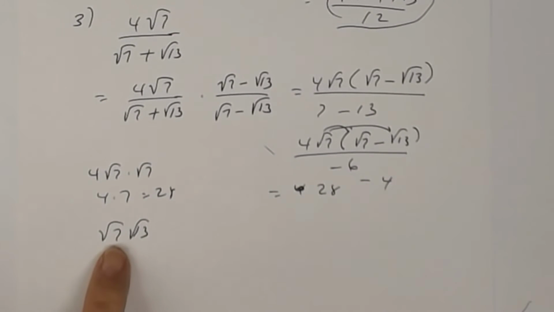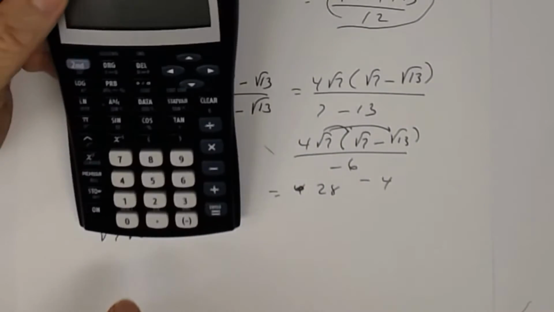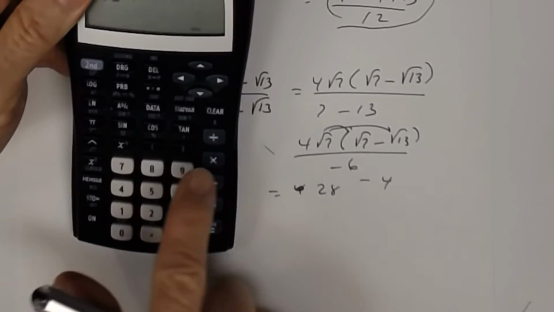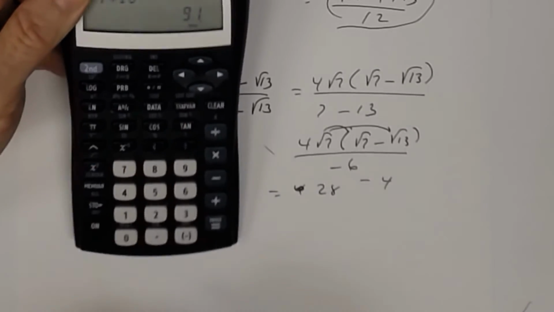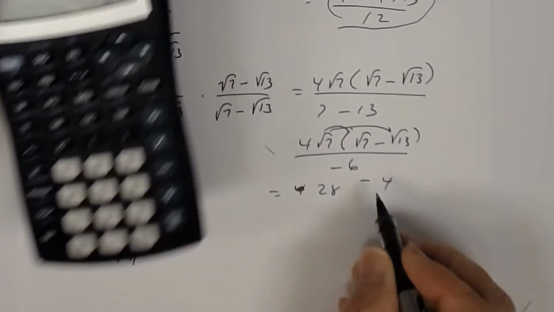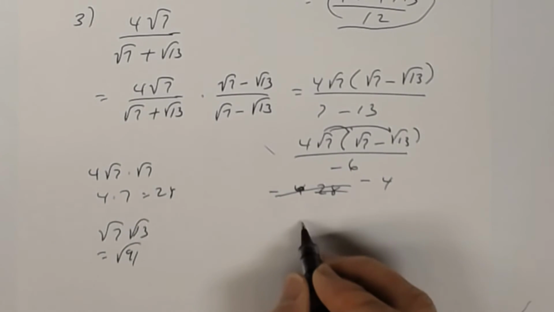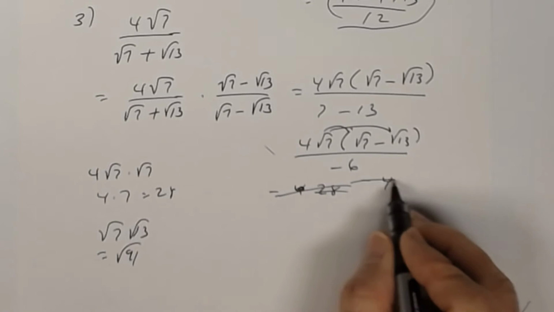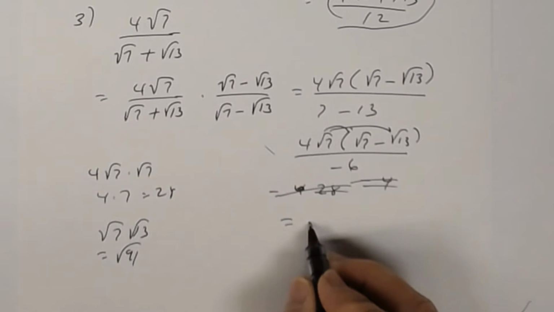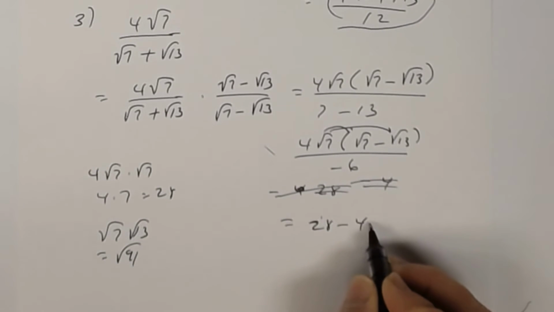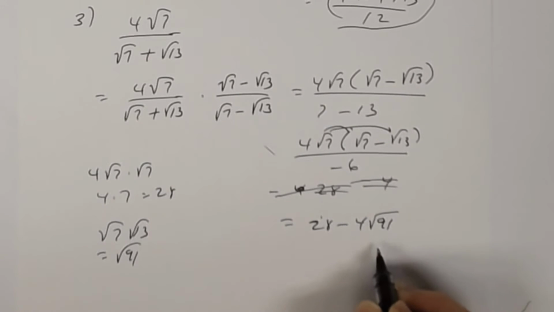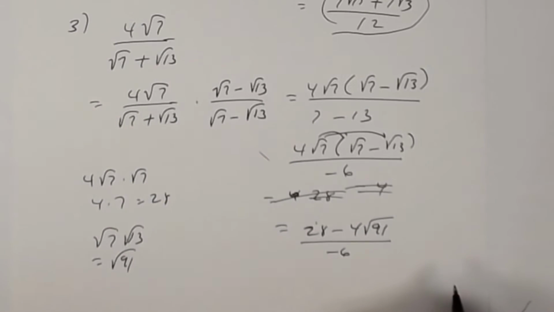Now notice that both 7 and 13 are prime, so when you multiply them, there won't be any perfect square other than one that will go into 7 times 13. So 7 times 13 is 91, and this becomes the square root of 91. So I'm going to put that here. That's going to be equal to 28 minus 4 times the square root of 91, divided by a negative 6.